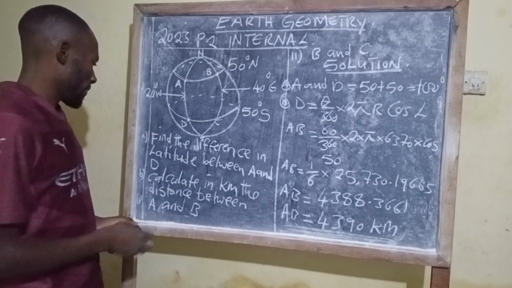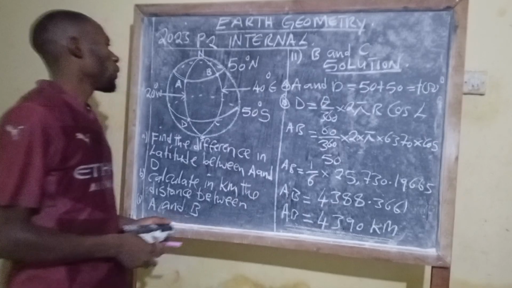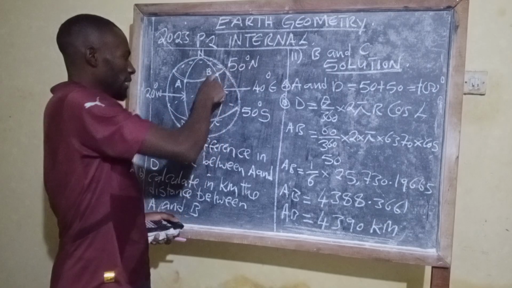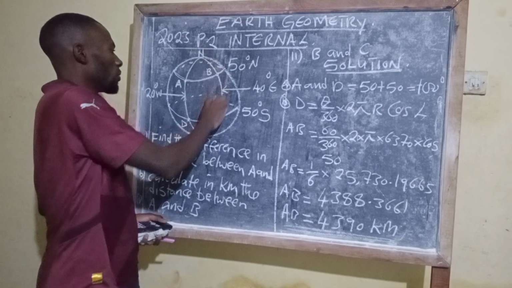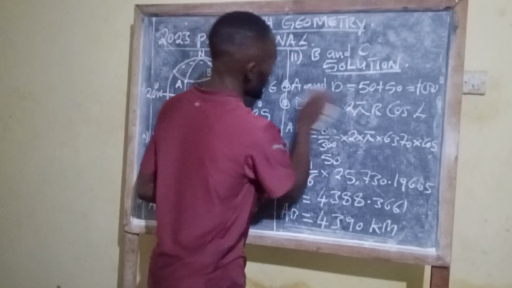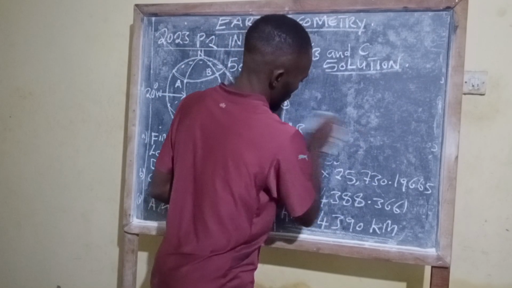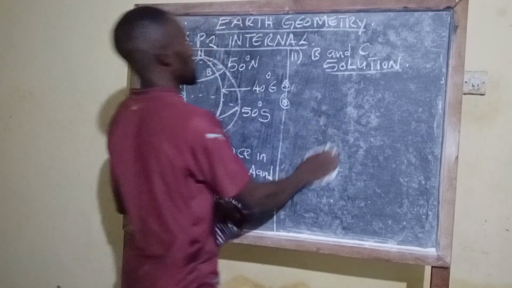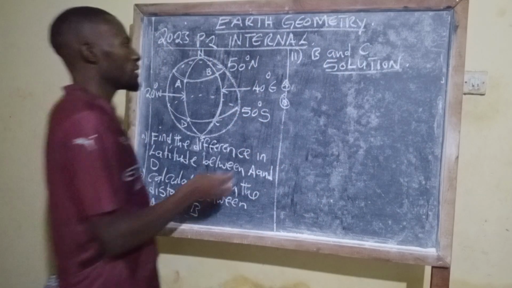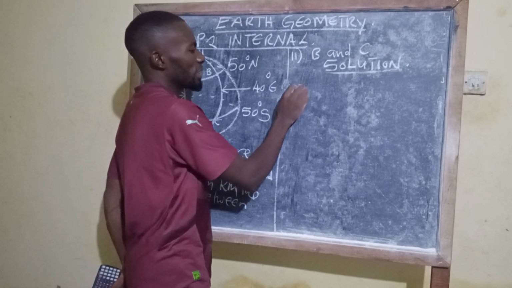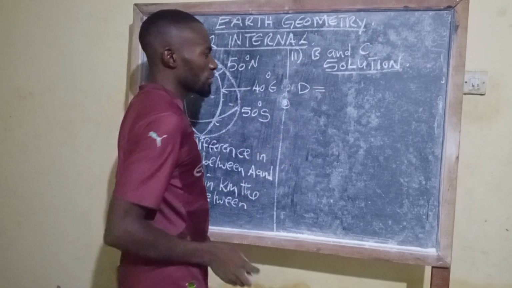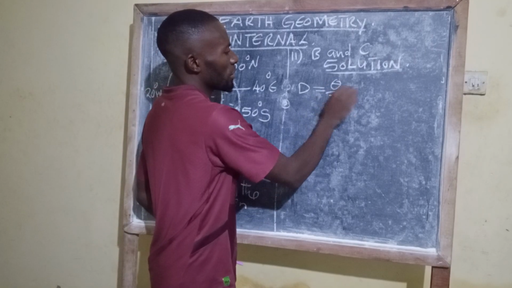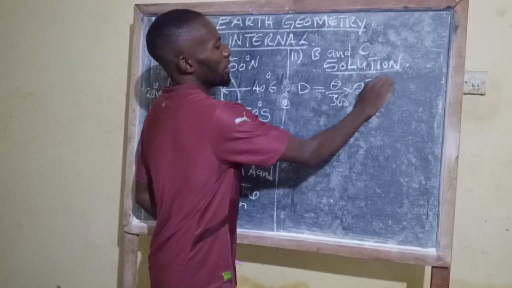Let's now look at B2, where they're asking us to find the distance between point B and C. This is along the longitude. We have to note that the formula we use along the longitude is distance equals theta over 360 times 2 pi r.